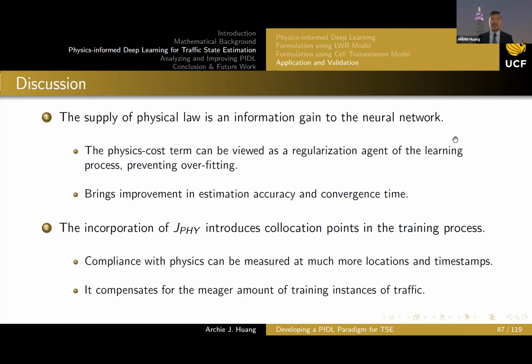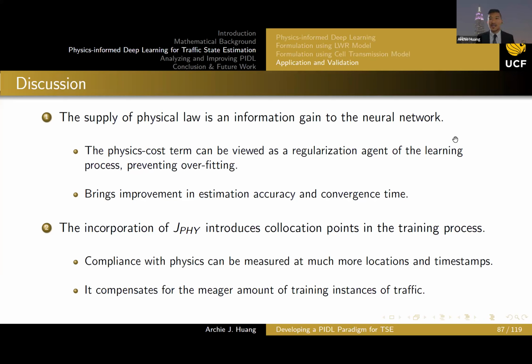The second point in this discussion is that the incorporation of the physics cost term, JPHY, introduces collocation points in the training process. What that means is that the compliance of the physics can be measured at many more locations and timestamps.